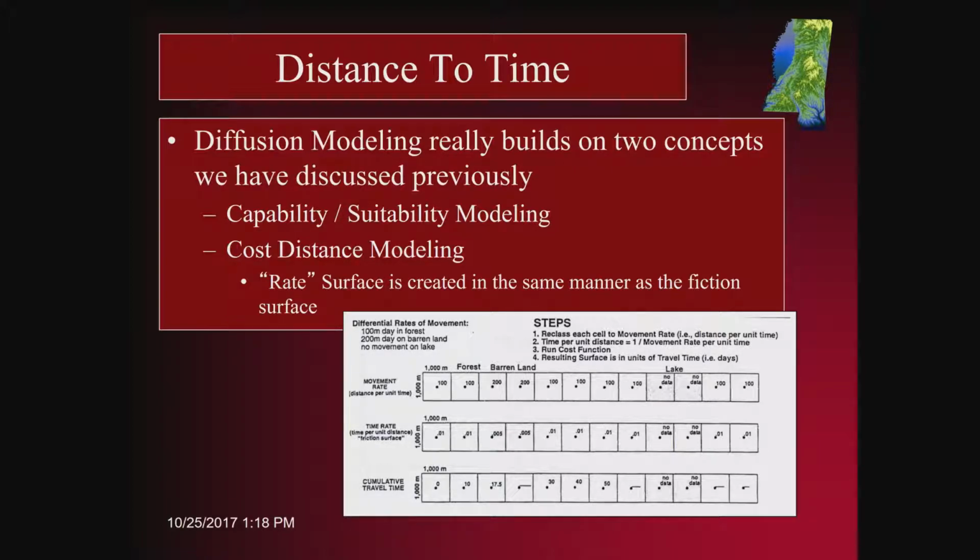The movement rate is always in distance per unit time, so it has to get transferred into time per unit distance. I said a few minutes ago that if this was just Euclidean distance, it'd be growing at the inverse distance.